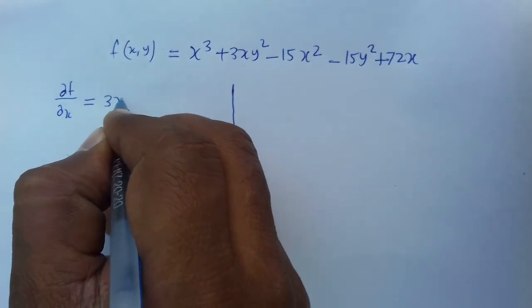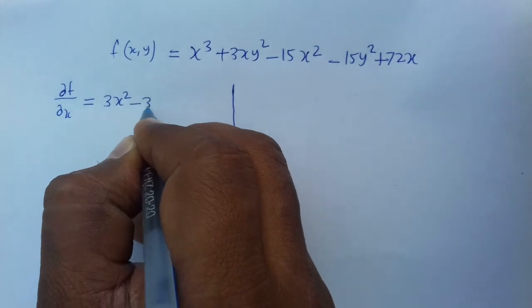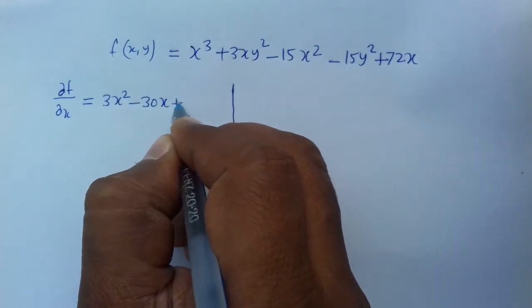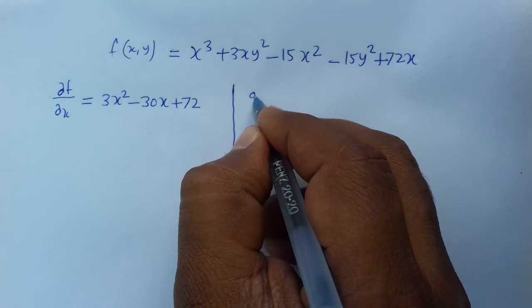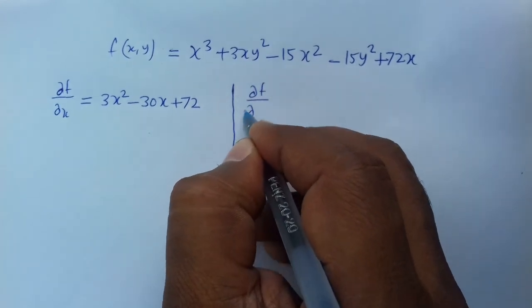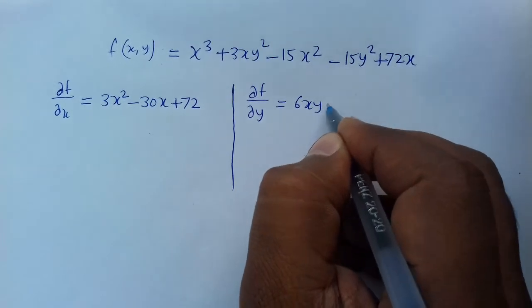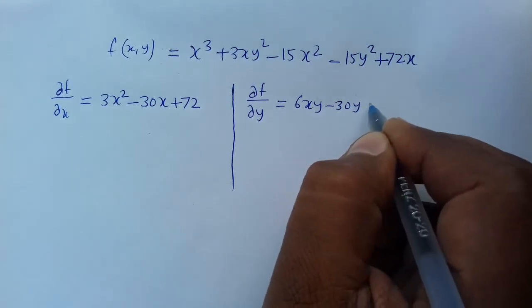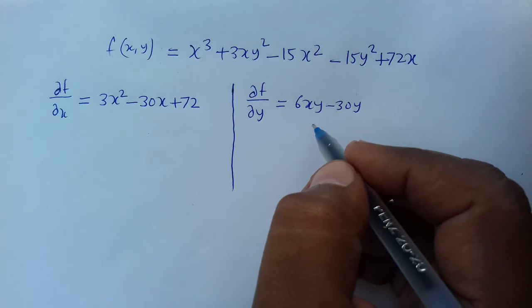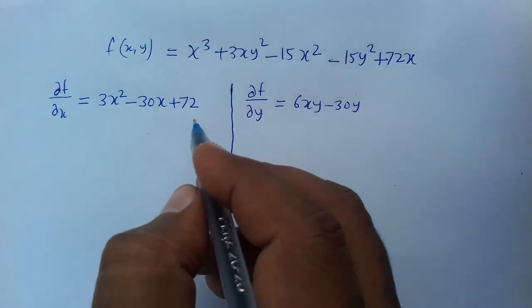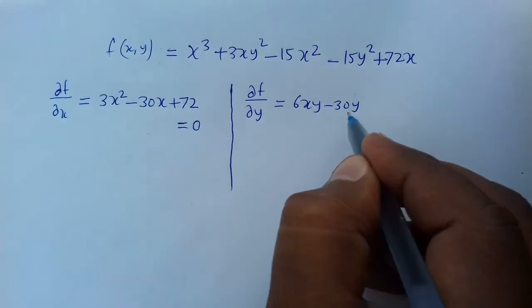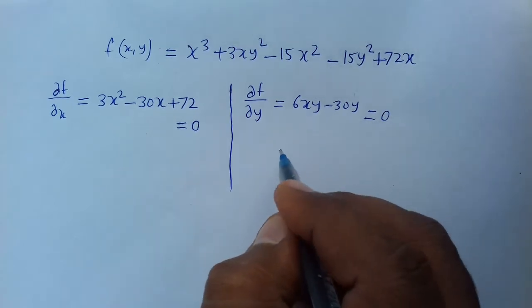This will be 3x square minus 30x plus 72, and del f by del y, with respect to y, is 6xy minus 30y. To get the critical points, we equate these expressions to 0.